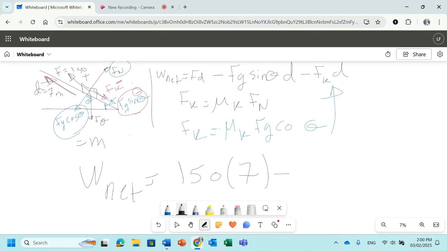Fg is mass times free fall acceleration, so 5 times 9.81, it will be 49.05.